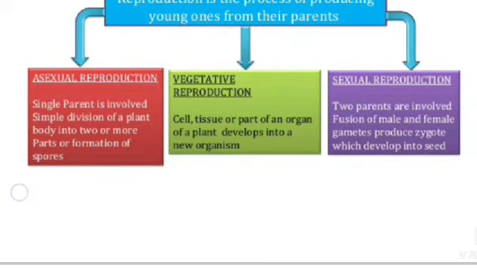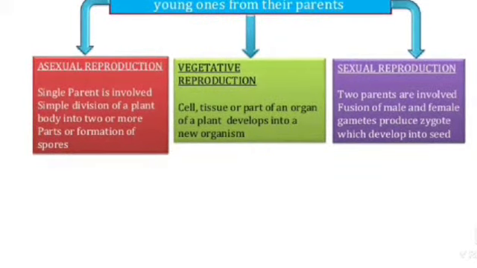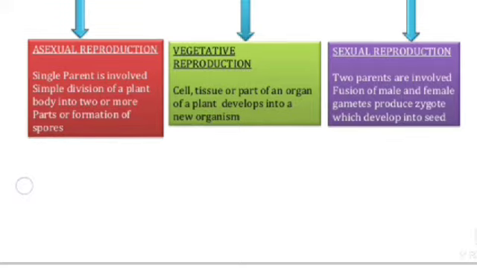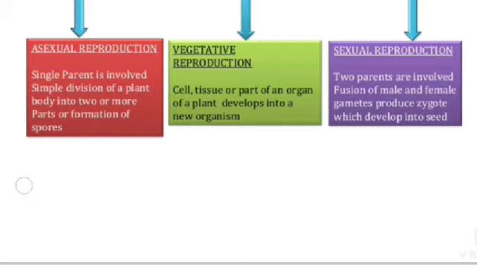Vegetative reproduction: a cell, tissue or part of an organ of a plant develops into a new organism. Sexual reproduction: two parents are involved. Fusion of male and female gametes produces a zygote which develops into a seed.